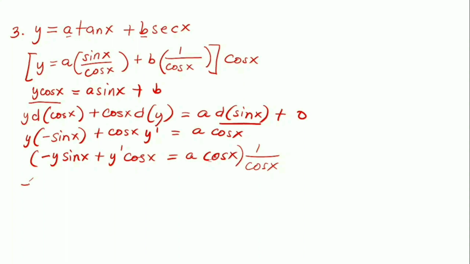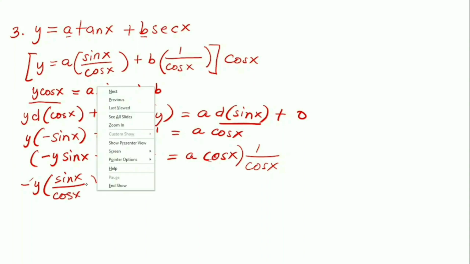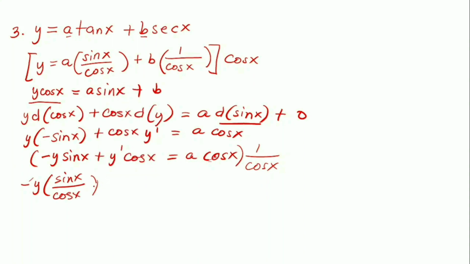Okay? So, negative y times sine of x over cosine of x plus y prime, because cancel yan, okay, is equals to a. Again, cancel ulit yan.